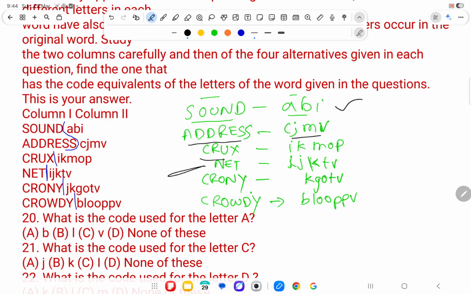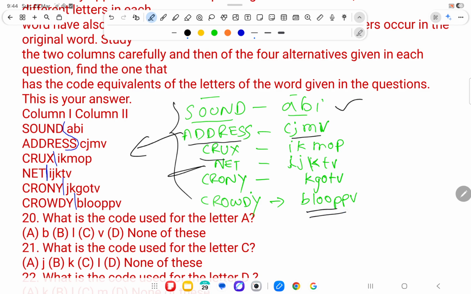So they are asking the code for A. Where is A? In the word address. See, that is the only letter. It is not repeated in any other words. Total 6 words are given in column 1. No place is A repeated except address. So now in the address, coming to this code, 7 letters are there.